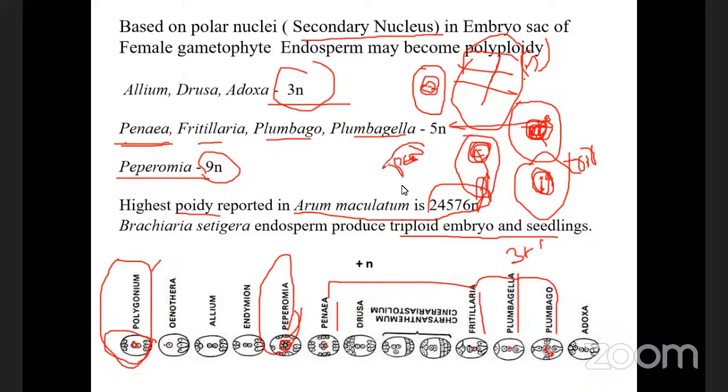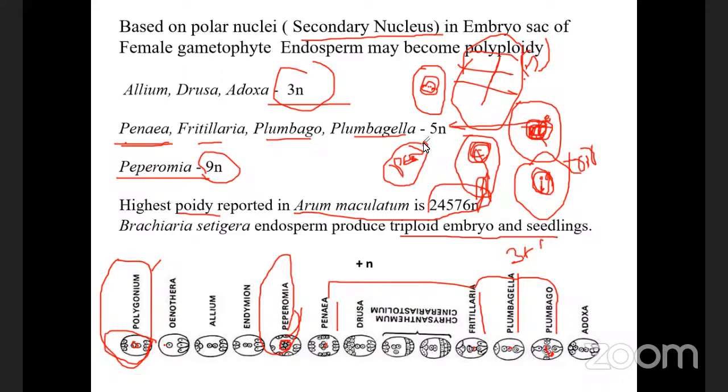Endosperm is a nutritious layer, nutritious cells that supply nutrition for the development of the embryo, for embryo maturation, and also for the survivability of the embryo. That is the reason for the formation of endosperm and its ploidy.